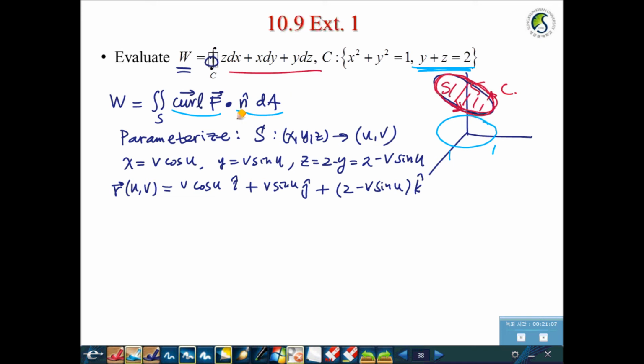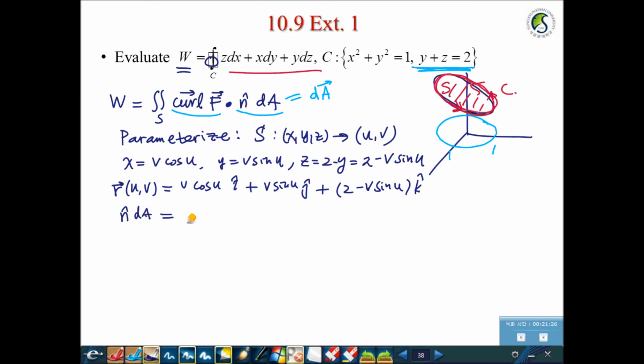This is a vector, a direction vector of that surface. You could write it this way too. Let's identify what this vector will be.